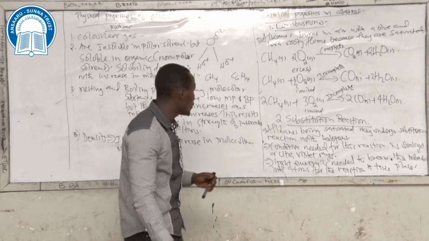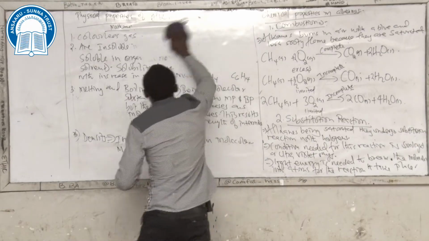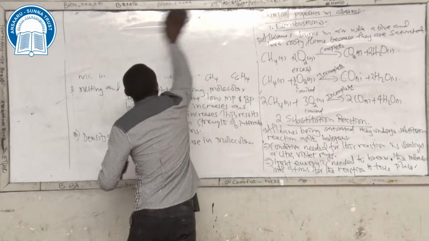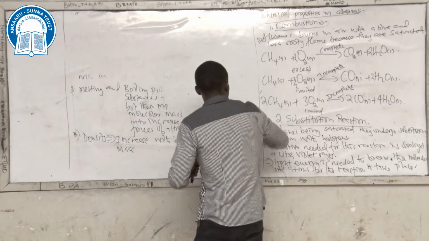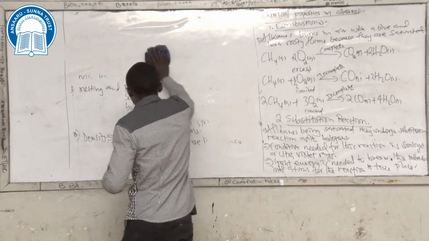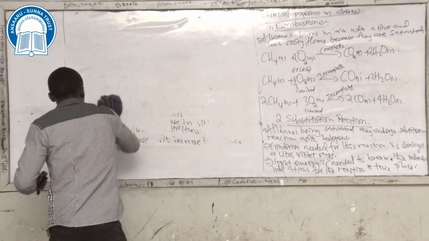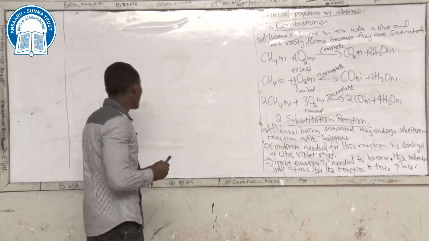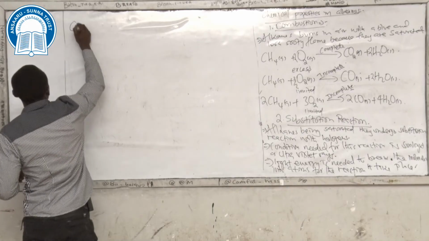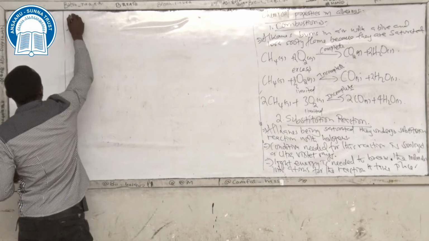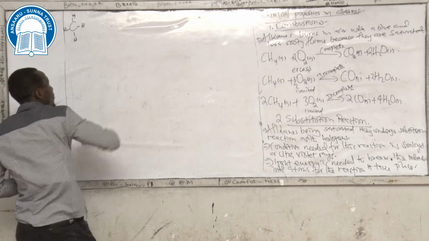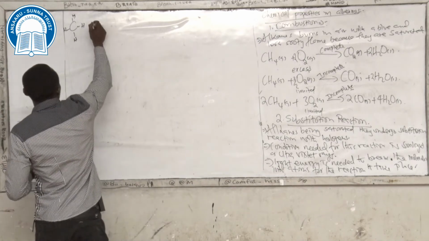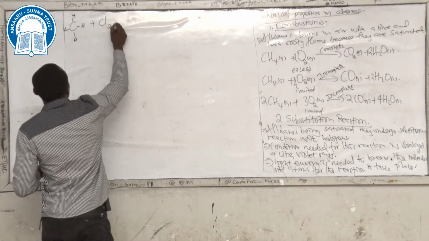Now, how does the reaction take place? One of the products being formed is the hydrogen halide, after the hydrogen atom is substituted with the halogen. For example, we look at methane. If you have methane, which is CH4, I'm using the open structural formula, plus the chlorine molecule.